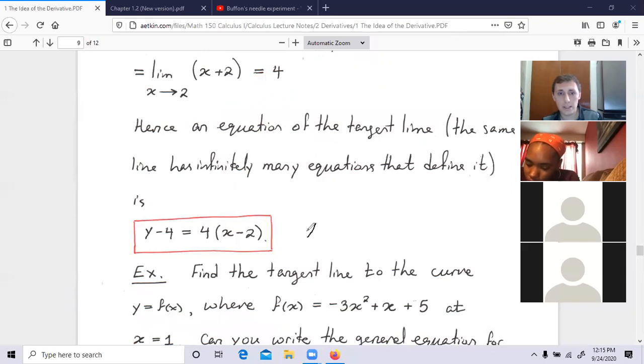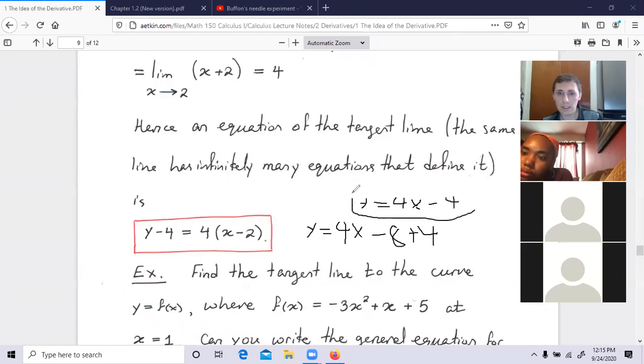You can say that this is the same as y equals 4x minus 8 plus 4, or simply y equals 4x minus 4. Okay, this is also correct, but you did extra effort. This is the point-slope form. That's enough. Once you have an equation, you can stop there. You don't need to continue.